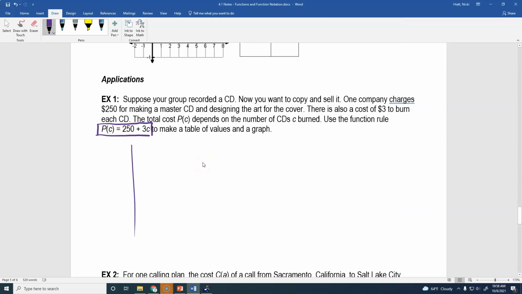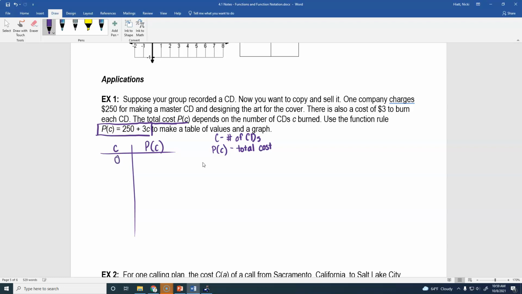So, my C is my value here, and then I've got P of C. What does C stand for? Number of CDs. And P of C, what's this equation giving me? If I say P of C, it says total cost, right? So total cost.